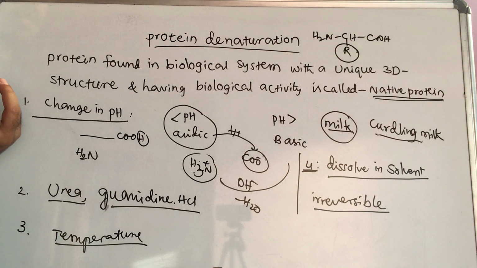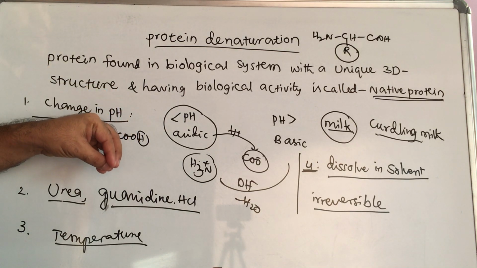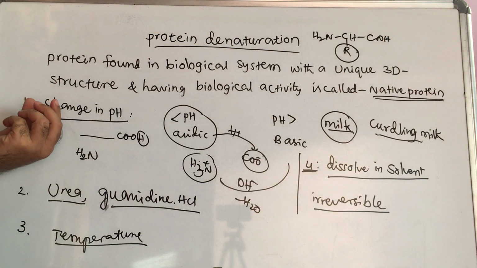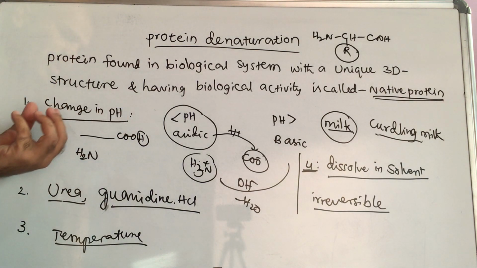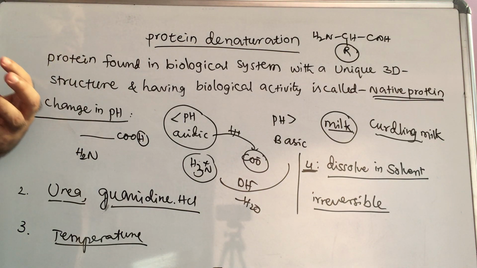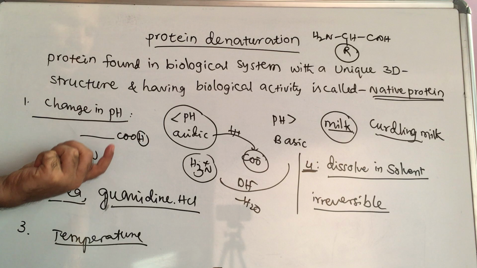That's why they are very active in strongly acidic medium. So not all proteins lose their activity by changing the pH or in acidic medium; a few are very active even in very strong acidic medium.